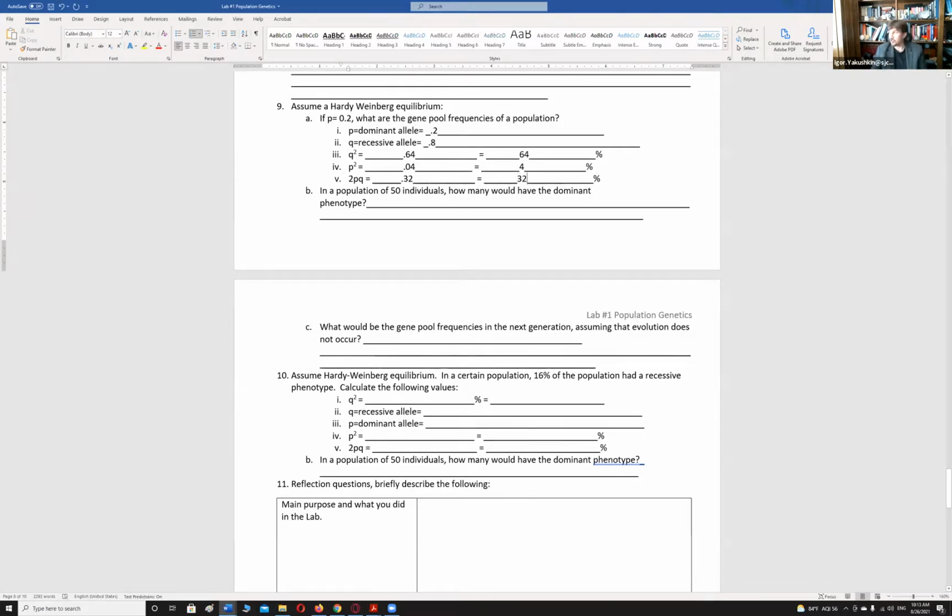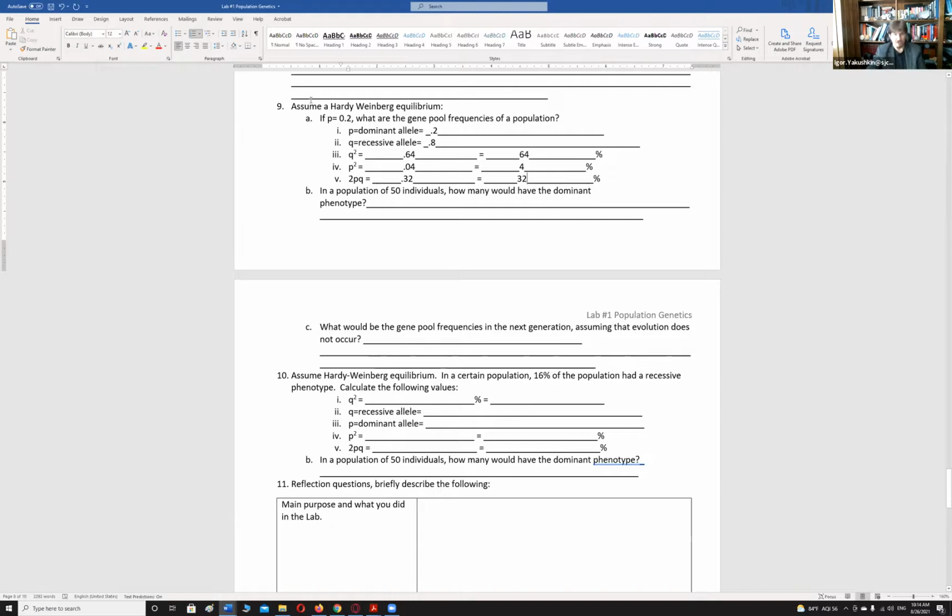So this is where it says, let's stop. Why stop? Remember to double check our math. How? Well, P squared 0.04 plus 2PQ 0.32 plus Q squared 0.64 has to equal 1. So 0.04 plus 0.32 is 0.36, plus 0.64 equals 1.